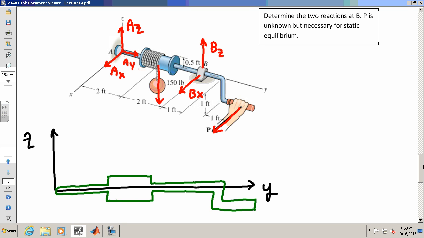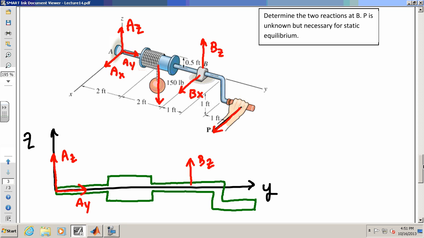So remember, when you look into the x-axis, you don't see x-direction forces. All you see are, there's a force here, AY. There's a force here, AZ. There's a force about right here, BZ.